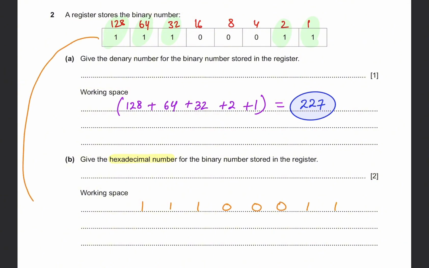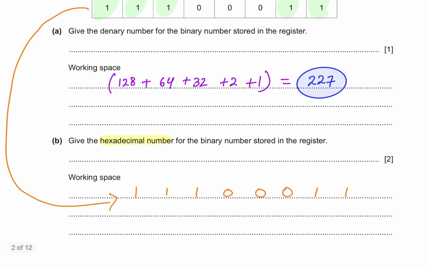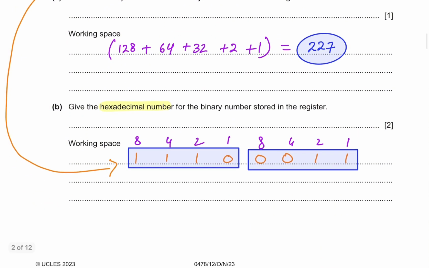After that, I'm going to make a hexadecimal of 2. So I will put this in one box, and this in one box. So there are 2 sets. And then I will do the 1, 2, 4, 8 method for each. This is the easiest method you can solve the past papers in.